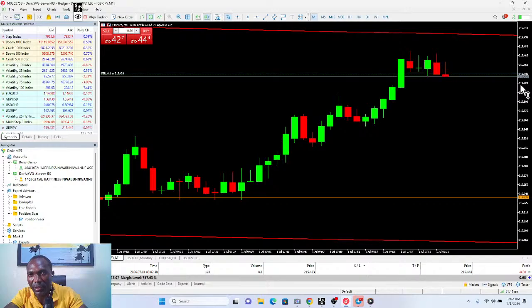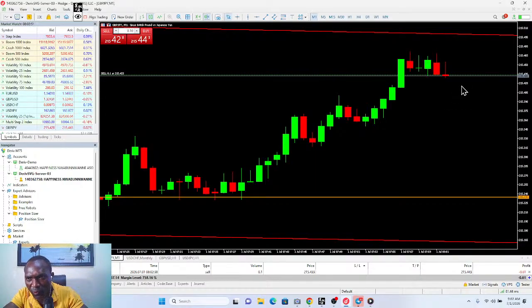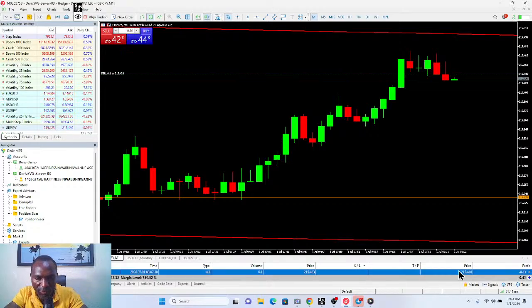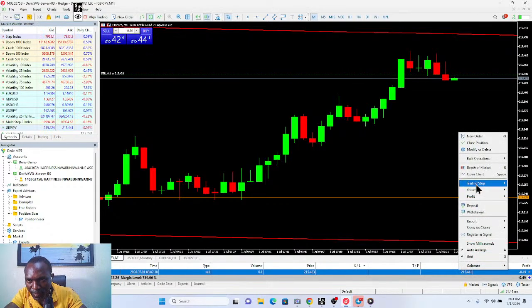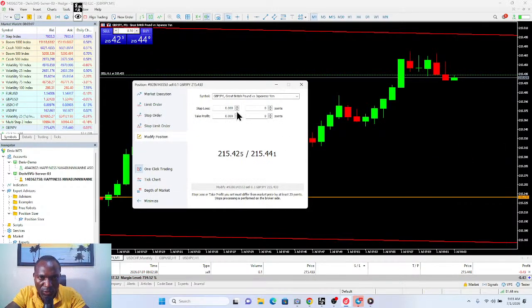I need to put my stop loss above here, which is 2480. Let me come straight to the place. 2480. Modify it. Stop loss.